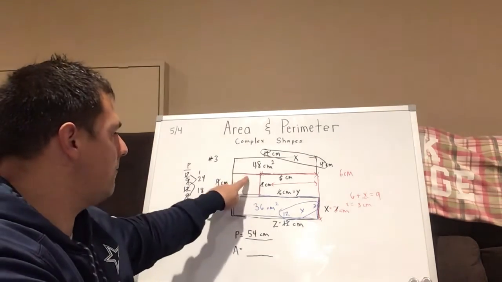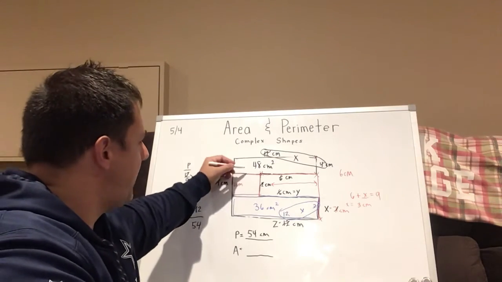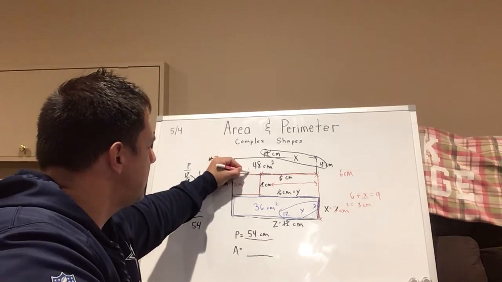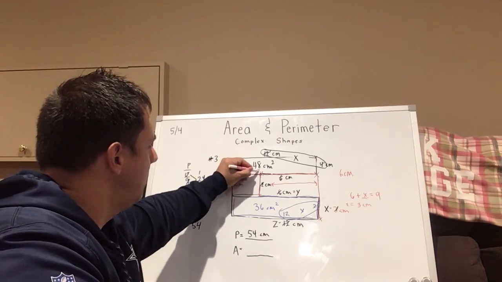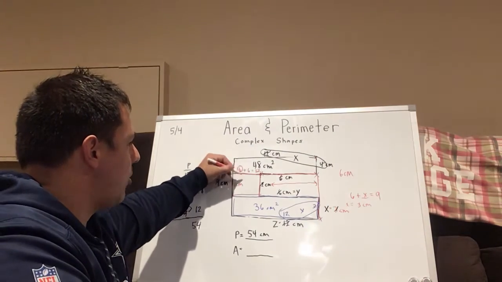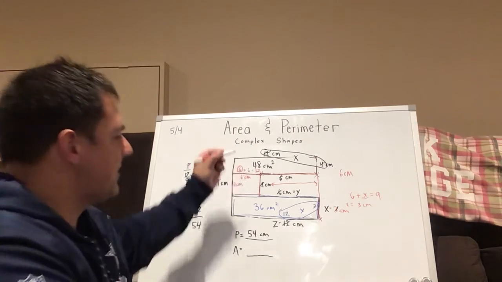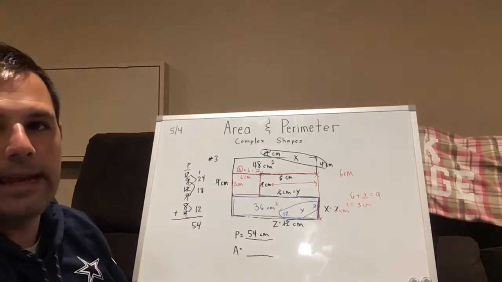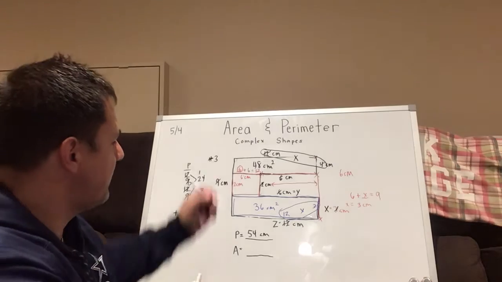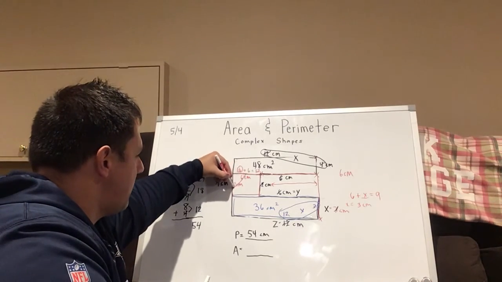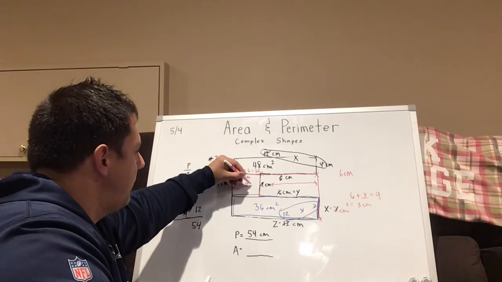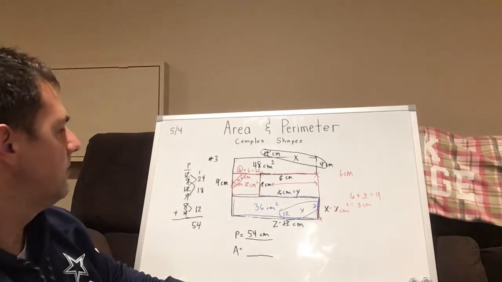And that'll figure out my missing side right here. So if I know that something plus 6 has to equal 12, well, I know that this side here actually has to be 6 also. So I know it's not drawn to scale. I apologize, I just drew it freehand. But now, if I know this part is 6, and I know this side is 2, I can multiply those together. And I know 6 times 2 is 12 centimeters squared.